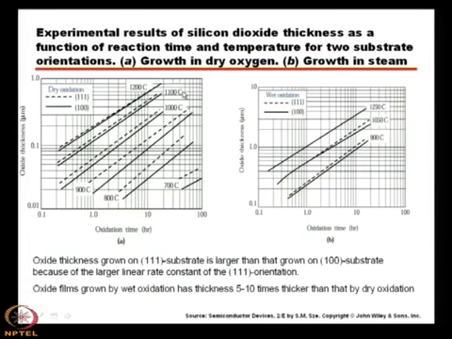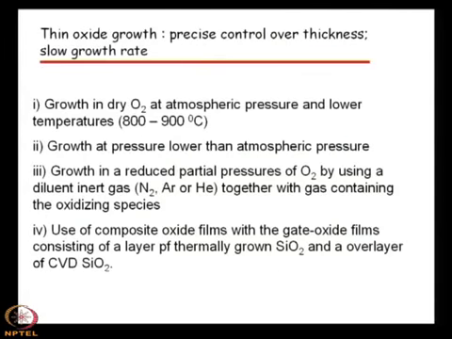Another important thing from these studies is that to grow thin oxide and to make precise control over thickness, a slow growth rate is important.